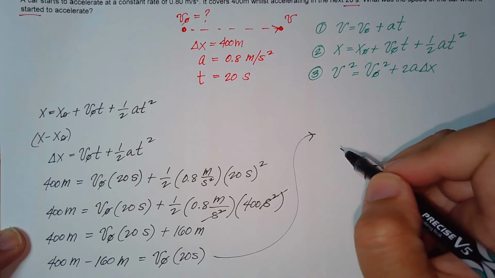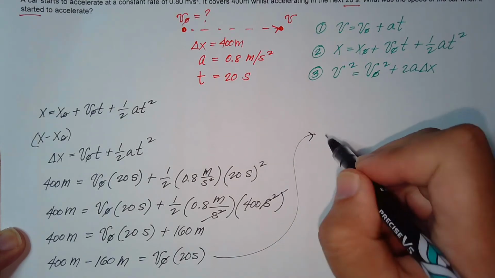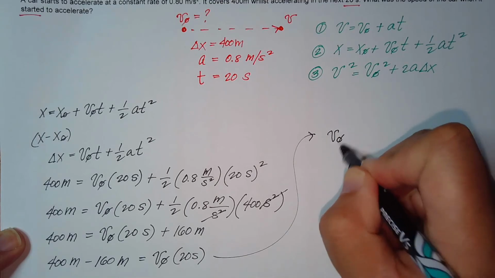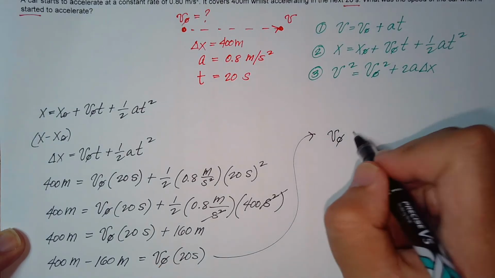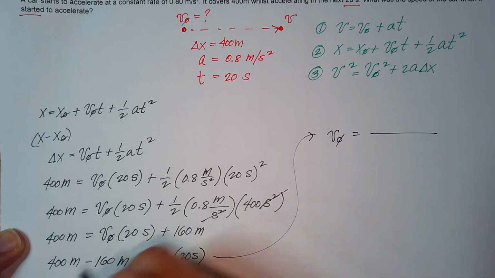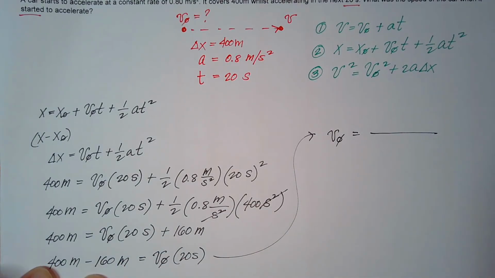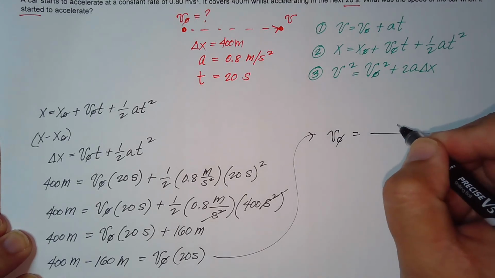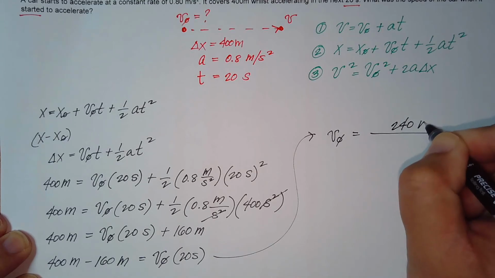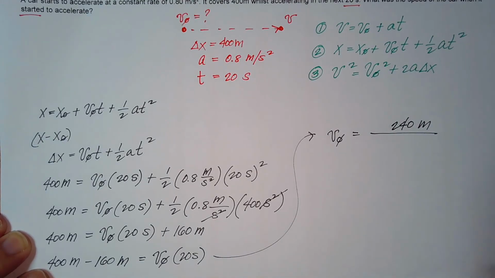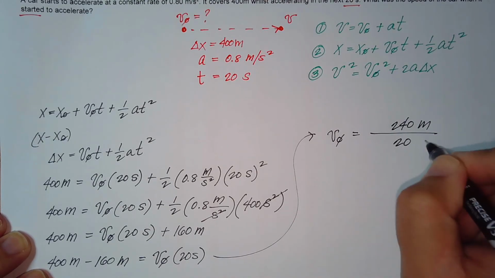So v naught is equivalent to the difference, 400 minus 160, which gives us 240 meters divided by 20 seconds.